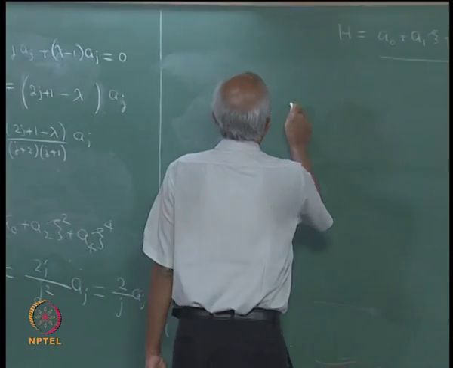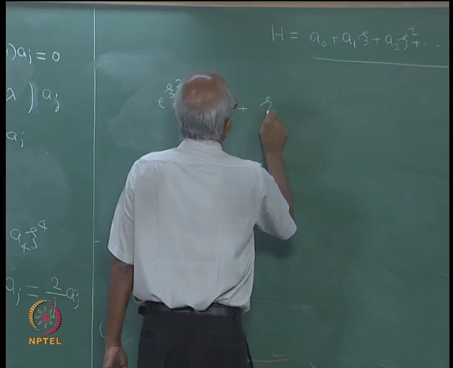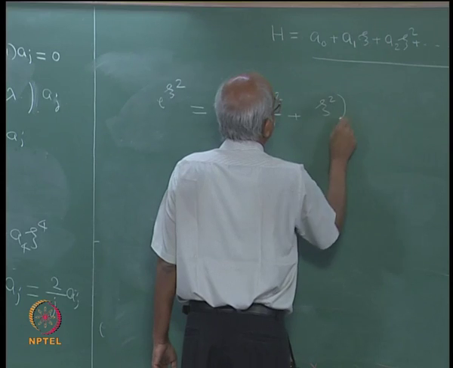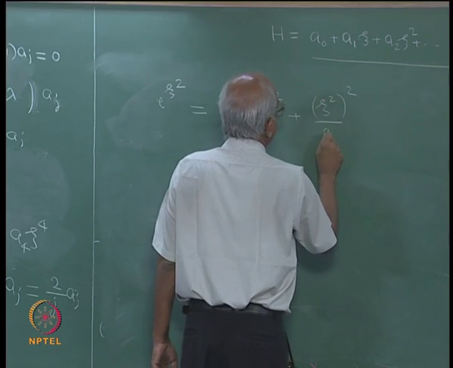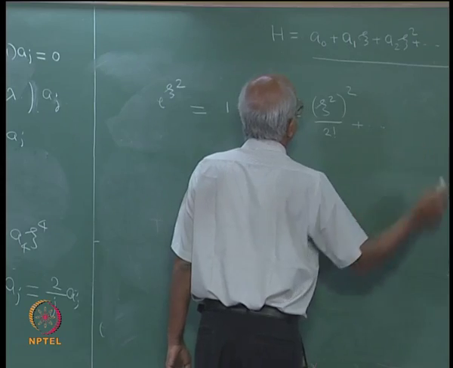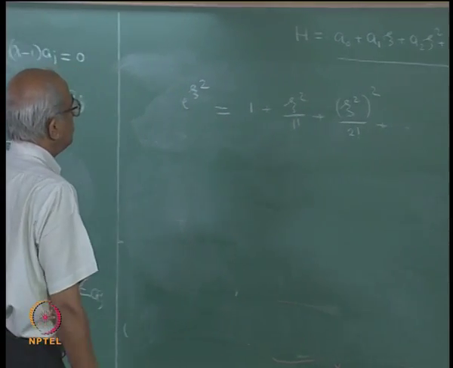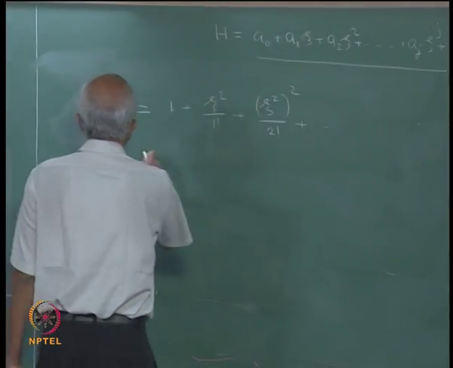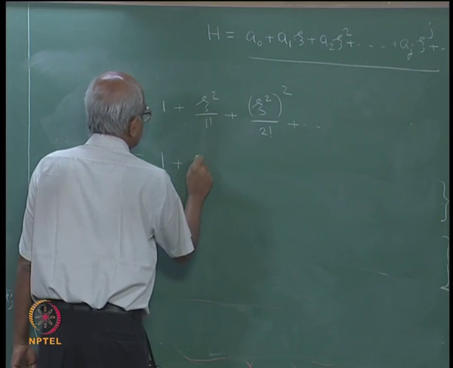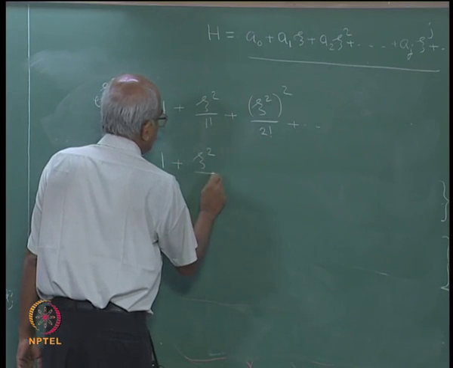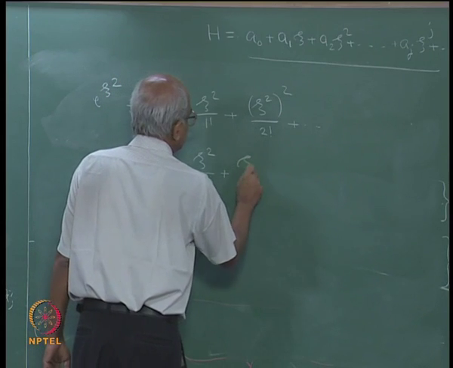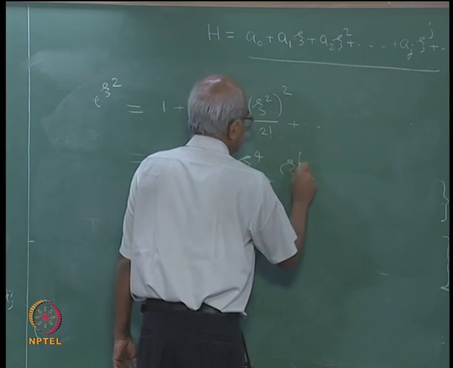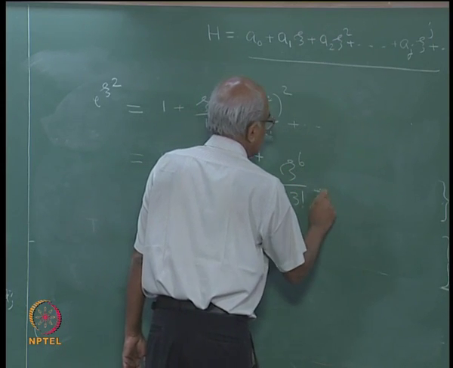So, what will happen is you will get 1 plus c square by 1 factorial plus c square the whole square by 2 factorial plus etc. This may be written as 1 plus c square by 1 factorial plus c to the power of 4 by 2 factorial plus c to the power of 6 by 3 factorial plus etc.